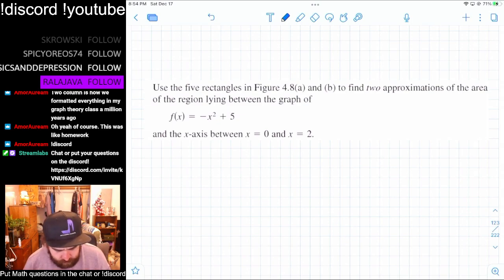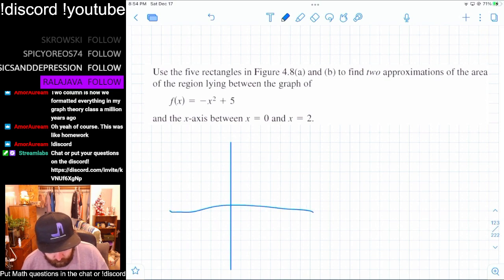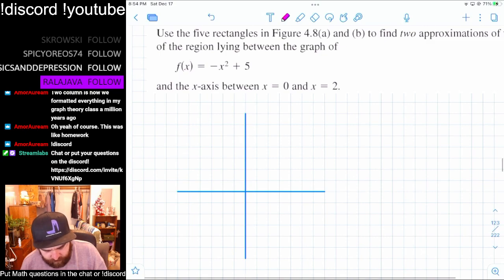So let's see what we're trying to do here. We've got our function, so let's graph our function. It's negative x squared plus 5, so we should know what that looks like. It's going to be up 5, and then it's going to have these points going down.